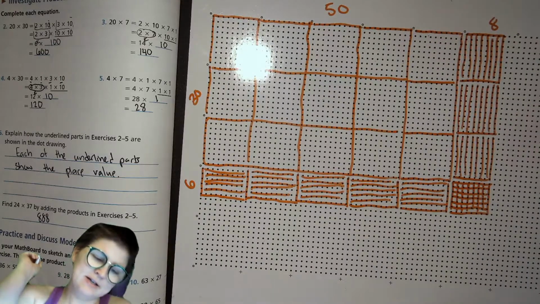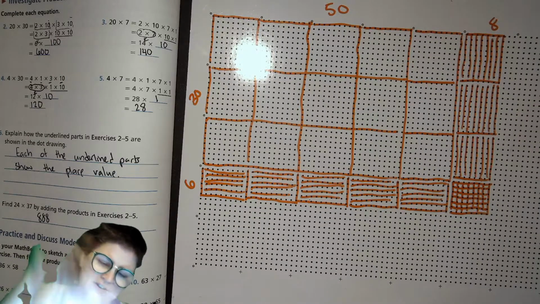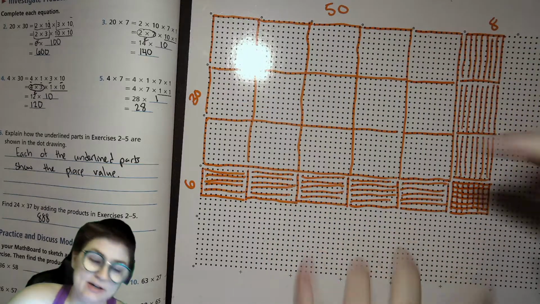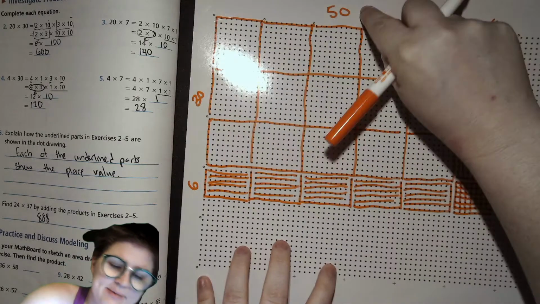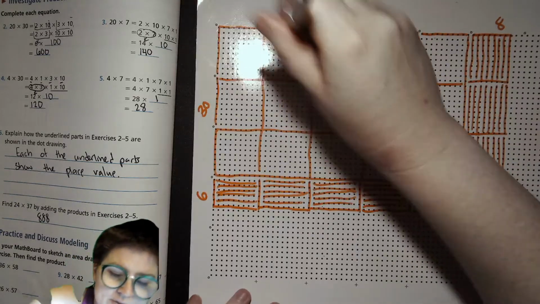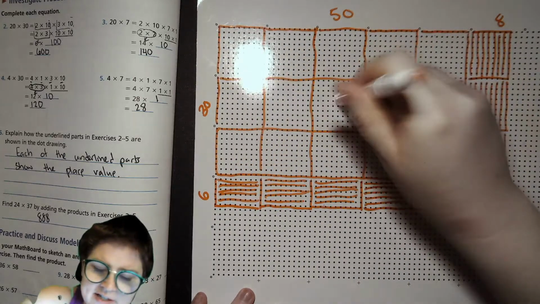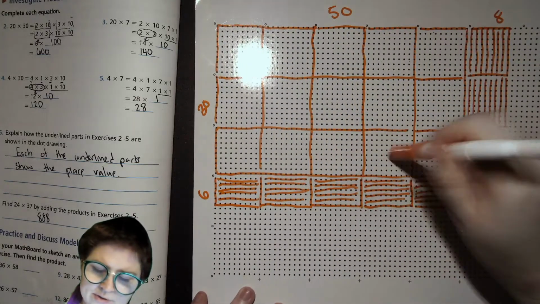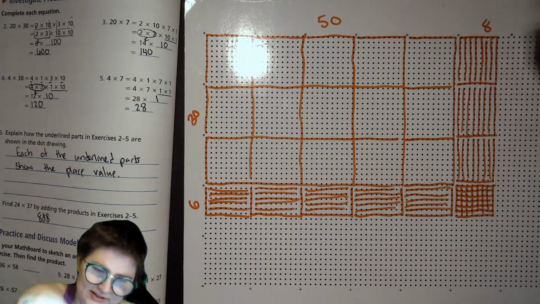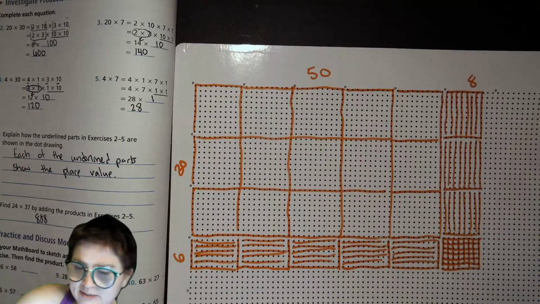So here we have our hundreds, our tens, and our ones, right? So our tens place times our tens place gives us this many hundreds. Let's count them. 1, 2, 3, 4, 5, 6, 7, 8, 9, 10, 11, 12, 13, 14, 15 hundreds. So 15 times 100.